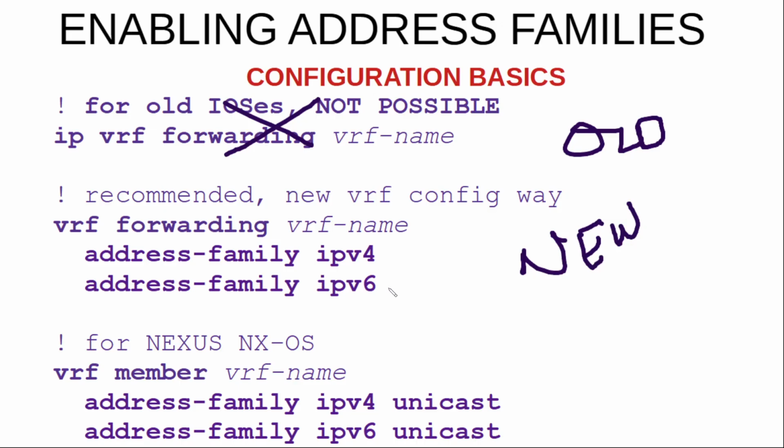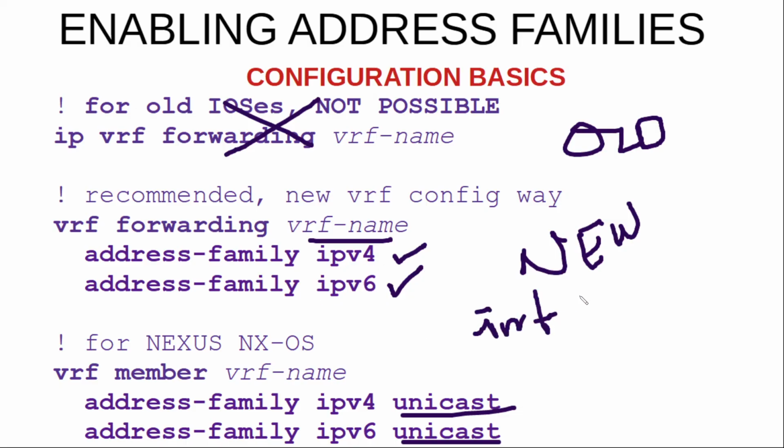So you will be enabling IPv6 or IPv4 for your VRF. For Nexus, you will use vrf member, address-family ipv4, but Nexus requires you to use unicast or multicast as a parameter.